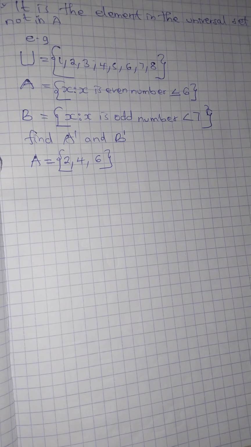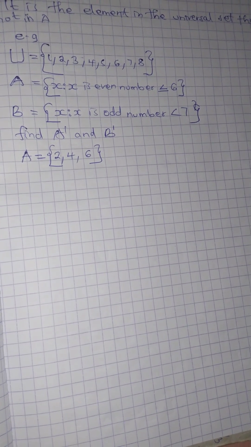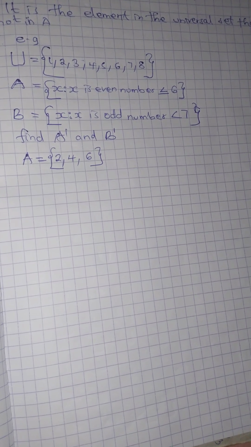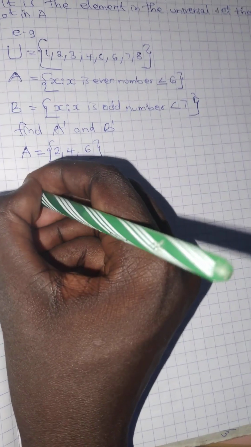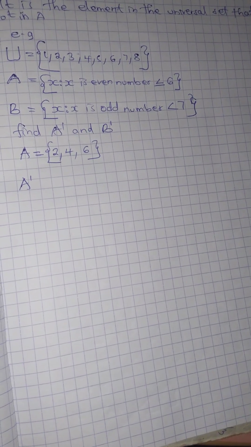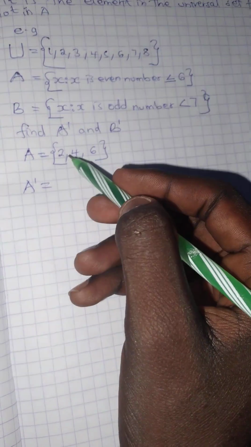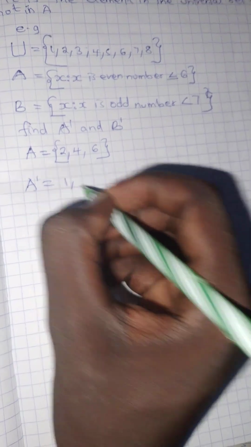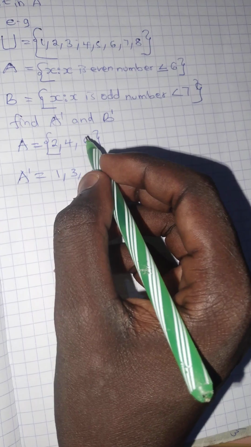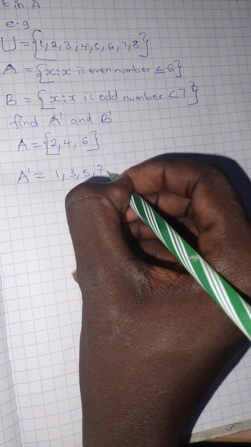Since we have listed the elements in A, we can now find A prime. From our definition, the complement of a set A is the elements in the universal set that are not in A. Starting with 1, it is not in A; 2 is in A; 3 is not in A; 4 is in A; 5 is not in A; and 7 is not in A, and 8.